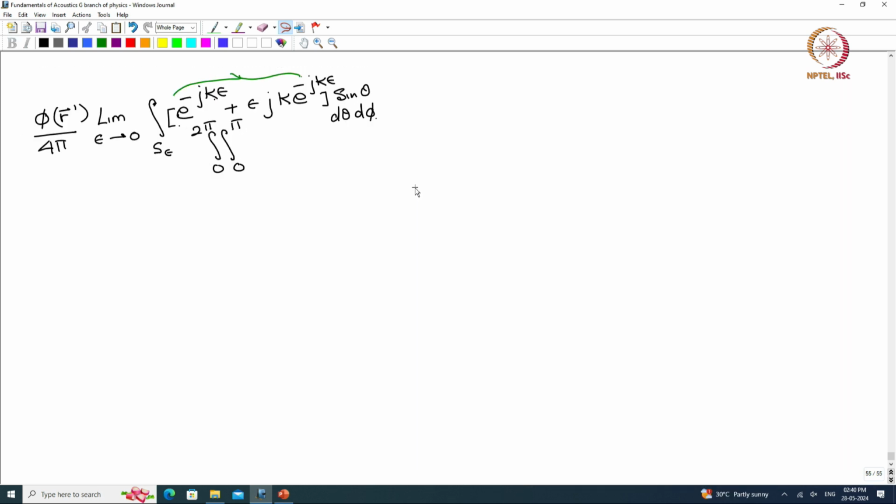Okay, so as I was saying, this is the integral we have with d theta d phi, and d theta goes from 0 to pi, whereas d phi goes from 0 to twice pi, and these terms are independent of theta phi, so they also come out.